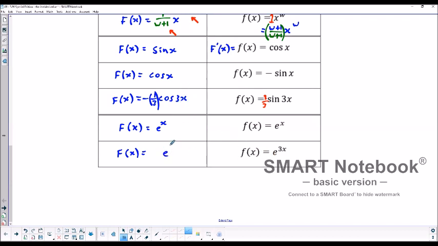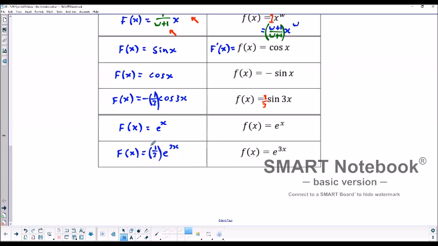We have the original e to the 3x, but again, when we differentiate this, we're multiplying that by the derivative of the exponent, which in this case is 3. And here we see we've got a coefficient of 1, which means, again, we have to multiply by the reciprocal of the exponent.